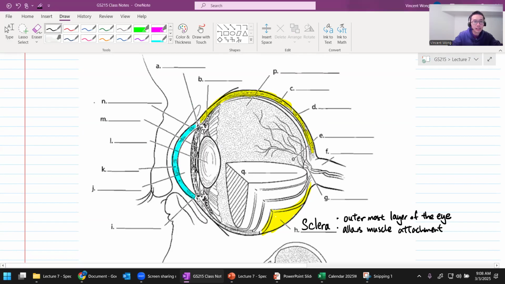And that transparent portion is called the cornea. So the cornea is transparent to let light pass through and is convex in shape.